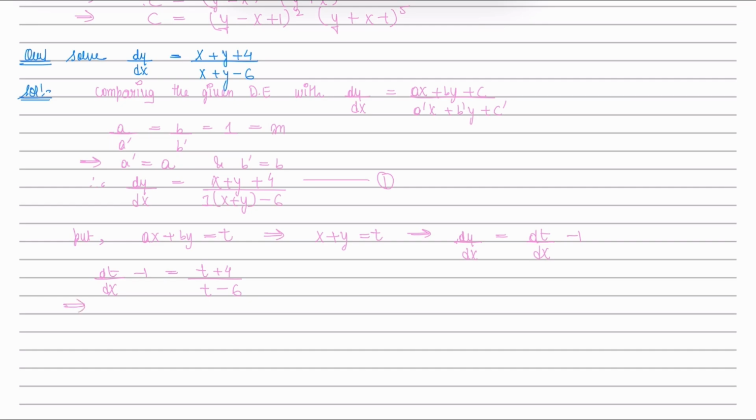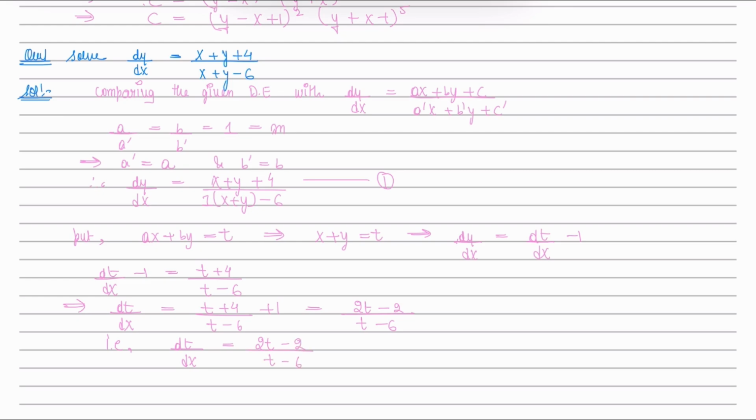Taking minus 1 on the right hand side and simplifying it, dt by dx equals (2t minus 2) whole divided by (t minus 6).